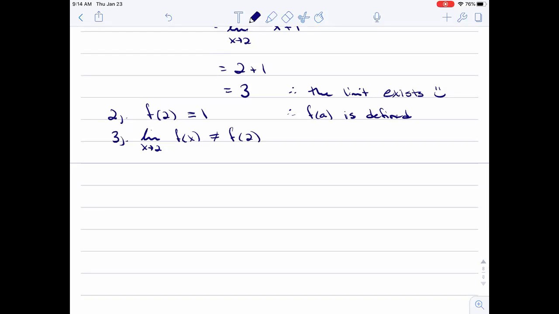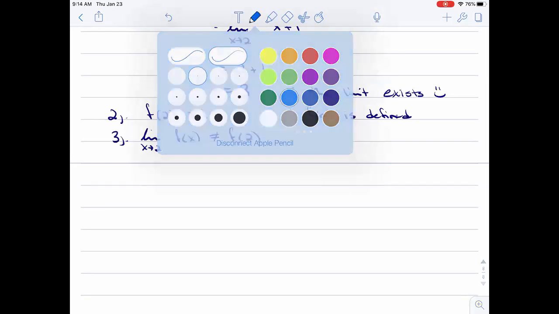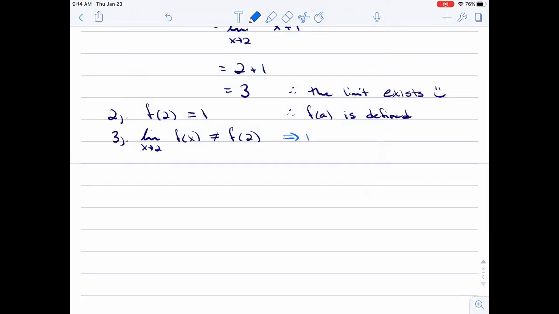If we visualize it, knowing that the limit exists means we've got curves coming up to some point, and knowing that the function is also defined, but somewhere else, then this would be a removable discontinuity, because we could just plop it down. We can't because it's not in the domain, but we call this a removable discontinuity.